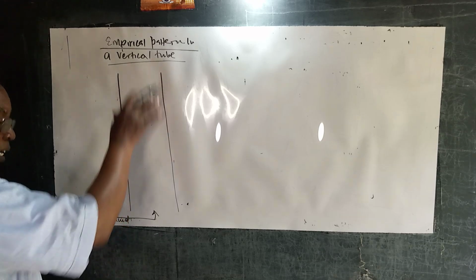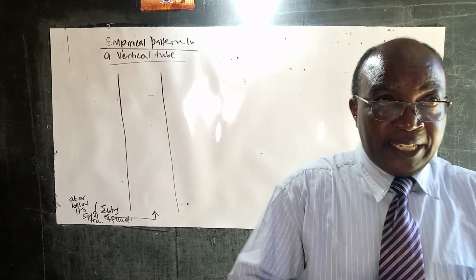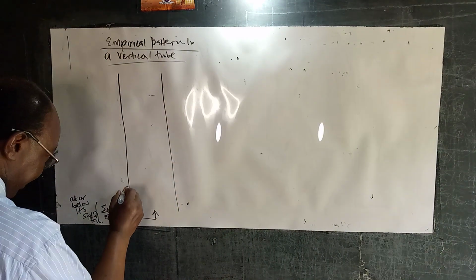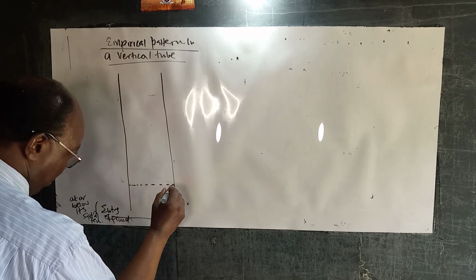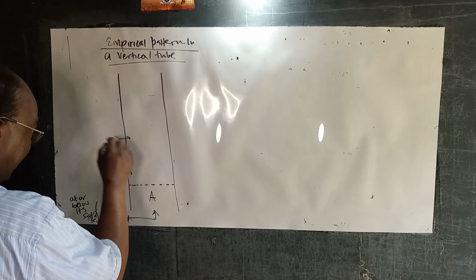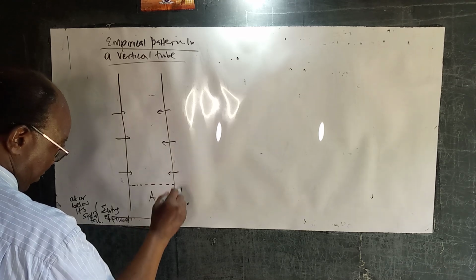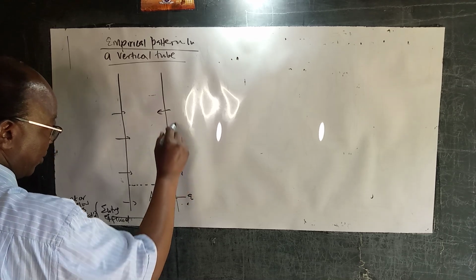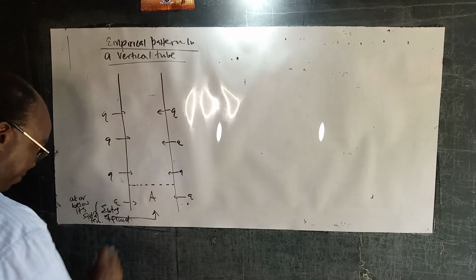So let us compartmentalize this vertical tube. Let's give it sections for ease of discussion. Let's call this section A. And of course, we have a constant heat flux, Q. That's a symbol you are now familiar with.